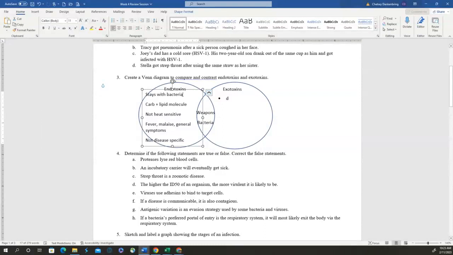There are other endotoxins, but it doesn't matter which endotoxin it is, it's always going to cause a fever. It's always going to cause malaise. It's always going to cause fatigue. Doesn't matter which bacteria. It doesn't matter which disease. If an endotoxin is responsible, you get these same general vague signs and symptoms. Okay?